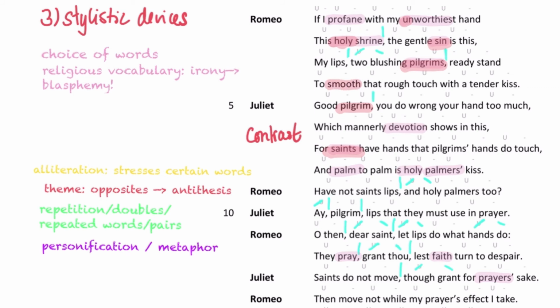And we've got another antithesis here, smooth versus rough. So she is smooth, she's pure, whereas he is like a sinner, a pilgrim on his way to absolution, being absolved by prayer, touching a saint. That's the idea of praying as well, maybe looking for help, being forgiven.